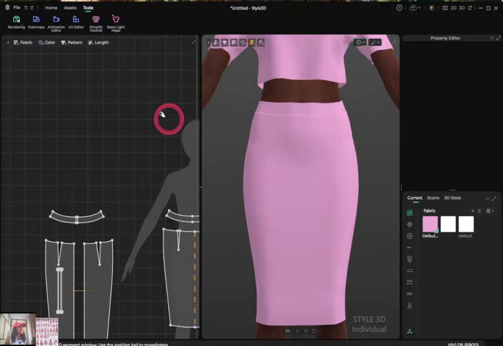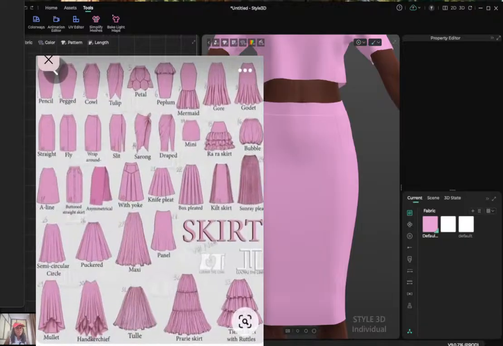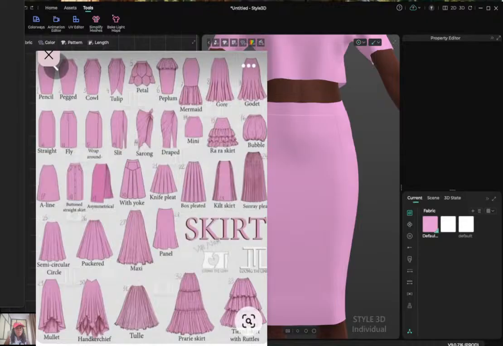The next skirt is a pegged skirt. Let me see. So a pegged skirt is the one that has this one, right? It has like some sort of pleats up.